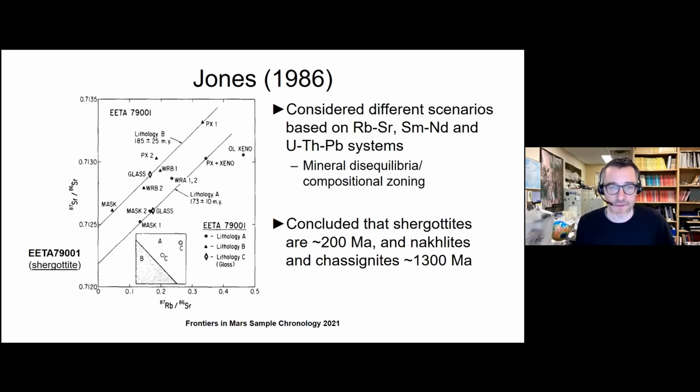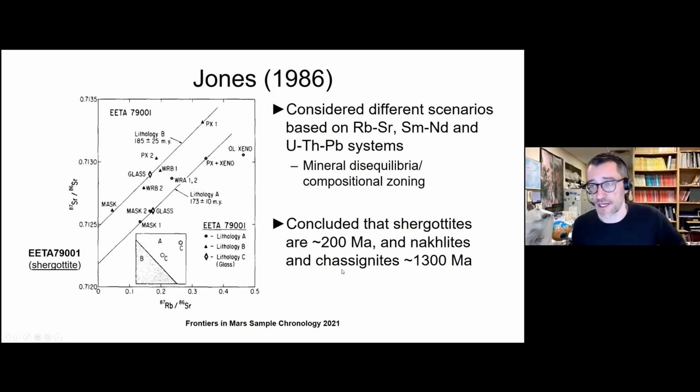He considered different scenarios, such as, okay, they all formed at 4.5 billion but were reset, or they formed at different times, basically trying to rationalize why, in particular, the three systems agree, as you can see here. EETA 79001 with this Rb-Sr determination is consistent in terms of its age, about 170, 180 million years. As well as the preservation of disequilibria and compositional zoning, he concluded that the shergottites are indeed 200 million years old in terms of their crystallization age.